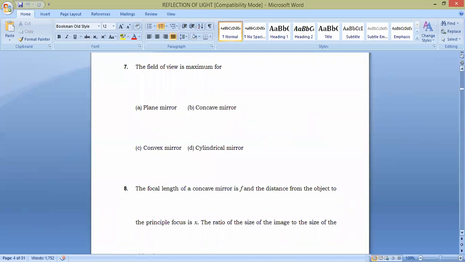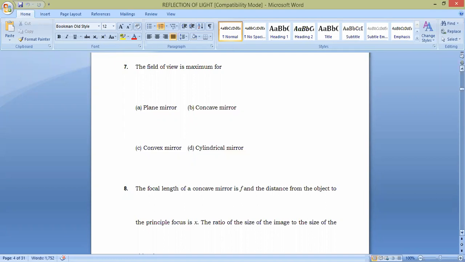See the next question. That is the seventh one. The field of view.